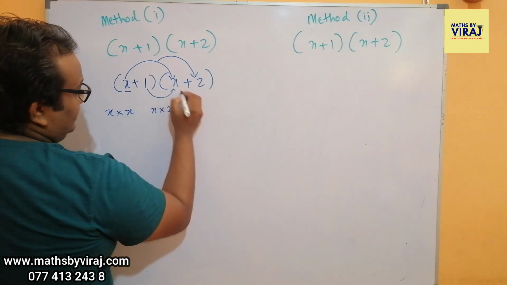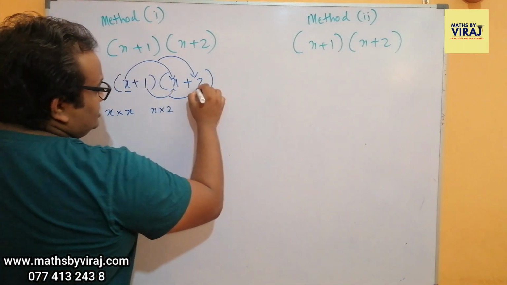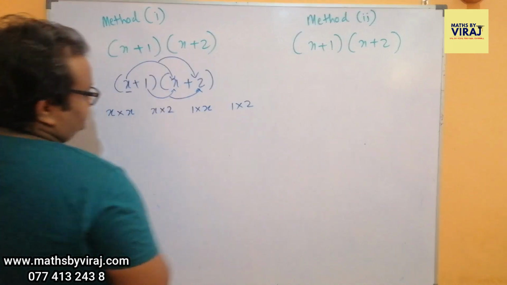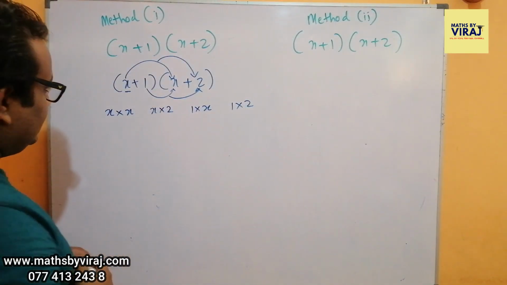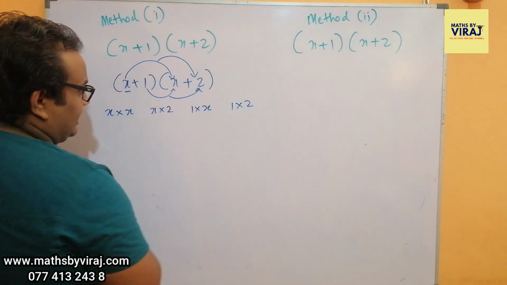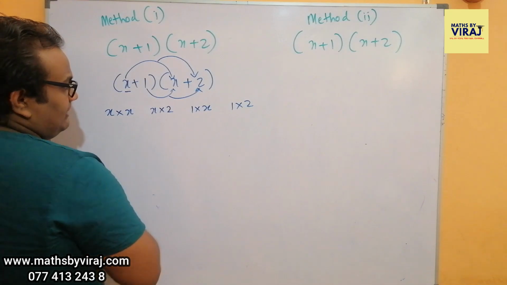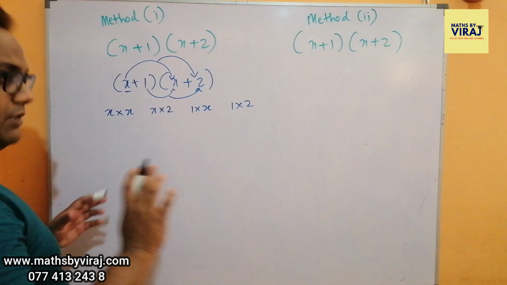Now 1 by x, 1 is to be multiplied by x, again 1 is to be multiplied by 2. All the variables should be multiplied by one another. X in this bracket to be multiplied by x plus 2 in the other bracket. 1 in this bracket to be multiplied by x plus 2 in the other bracket. All of them are positive.